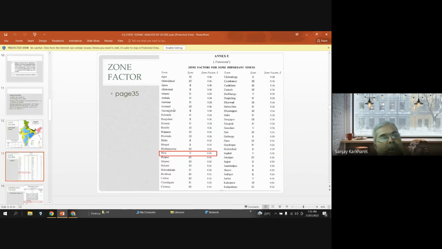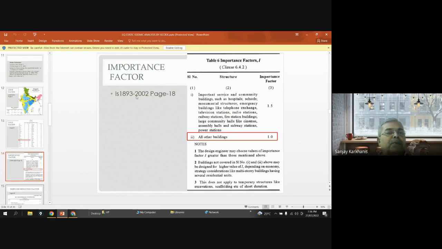Or you can get the same information as major cities in India. So you can see that Agra is situated in zone number 3, and Bhuj is situated in zone number 5. Then this is where you will get the importance factor for buildings.